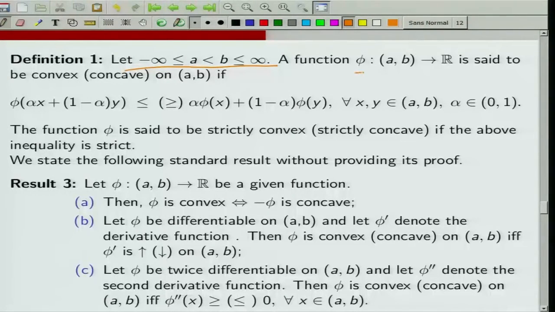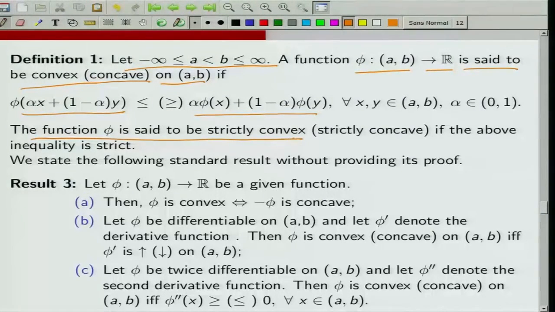A function phi from the interval ab to R is said to be convex or concave on ab if phi of alpha x plus 1 minus alpha y is less than or equal to alpha phi x plus 1 minus alpha phi y in case of a convex function, and this inequality would be greater than or equal to this quantity in case of a concave function. Now I will say that my function is strictly convex or strictly concave if the inequality over here is strict. That means I have a strict less than or strict greater than.